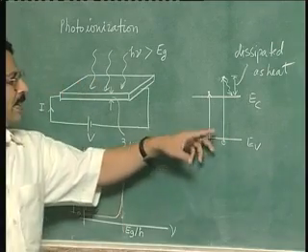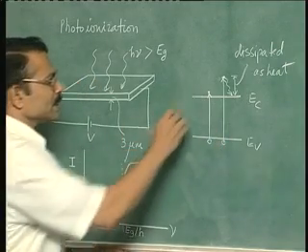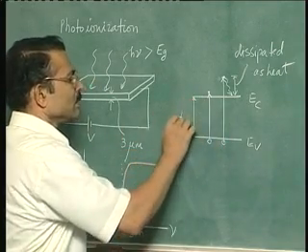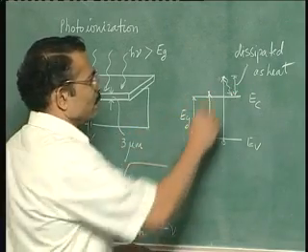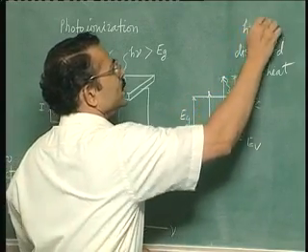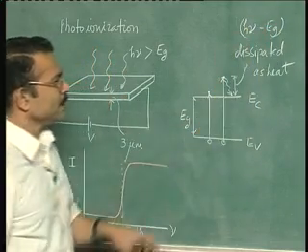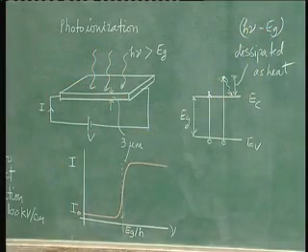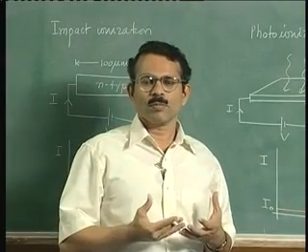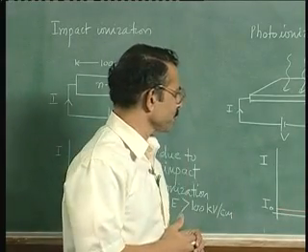So please note that if the energy is more than Eg, the extra energy, that is h nu minus Eg, is dissipated as heat. So you do not get extra electron hole pairs because of the extra energy, okay, it is dissipated as heat.